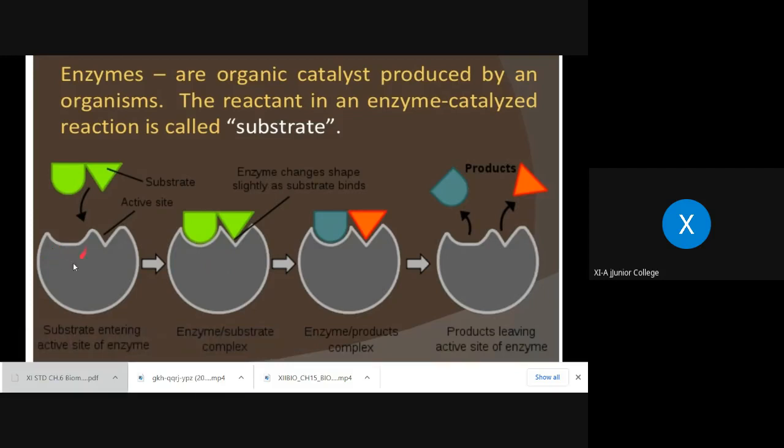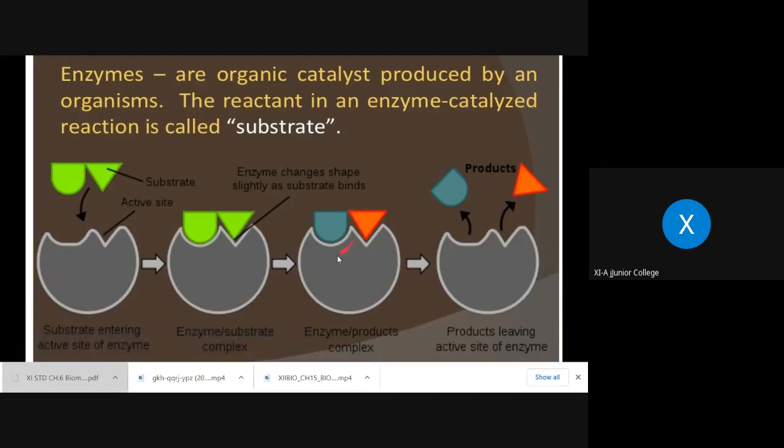Here you can see in the first diagram, when the substrate comes in contact with the enzyme, it adjusts its shape in such a way that the substrate can fit in the active site. This way, the enzyme substrate complex is formed. After the reaction is over, the substrates can be removed and considered as products. Now we can see in this diagram the products leaving the active site of the enzyme.